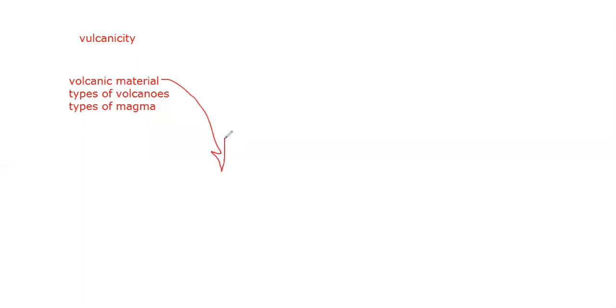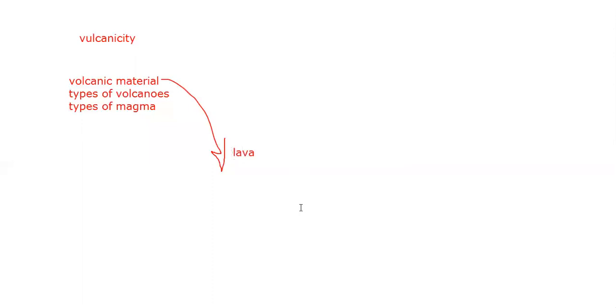There are different types of materials that may erupt from an active volcano. The first one is lava. Lava is magma that breaks the surface and erupts from a volcano. If the magma is very fluid, it flows rapidly.